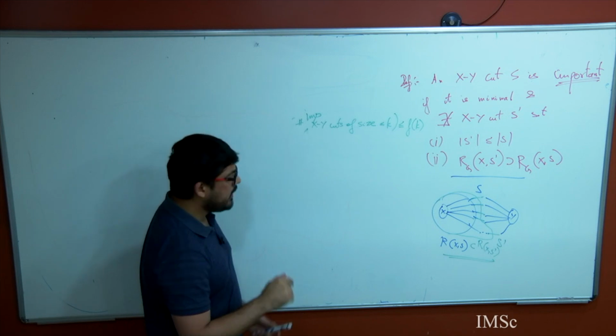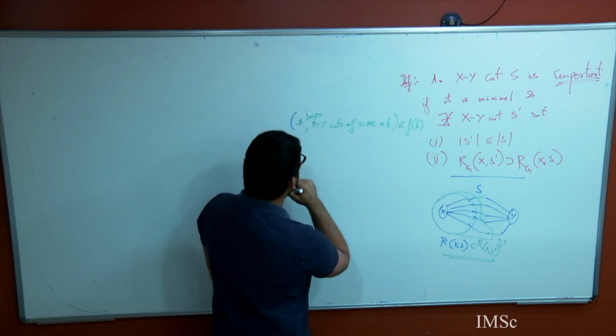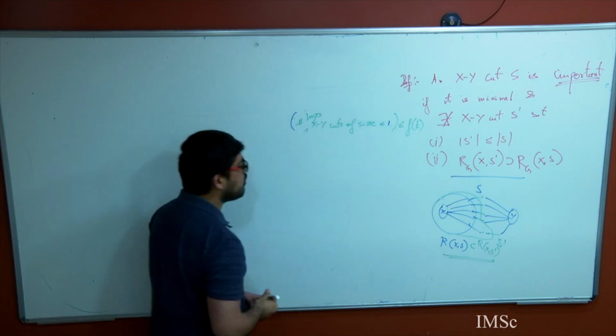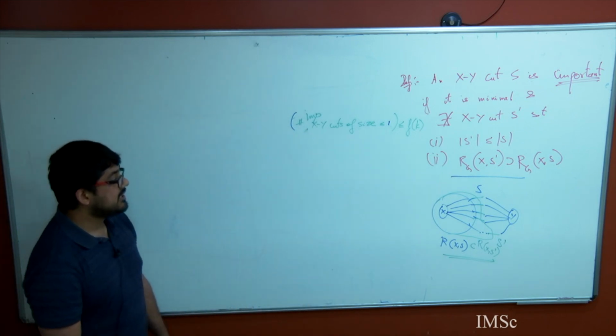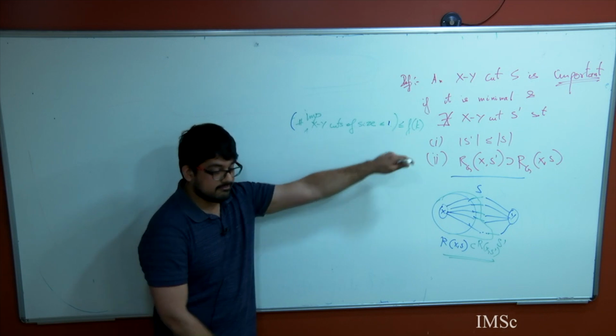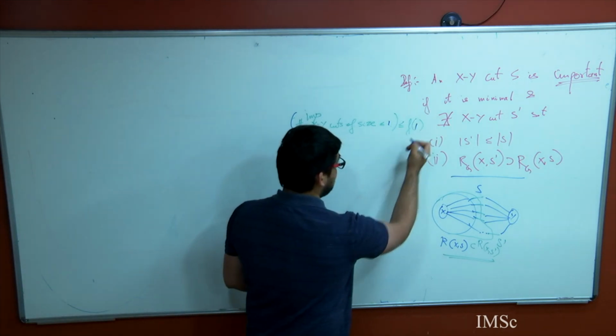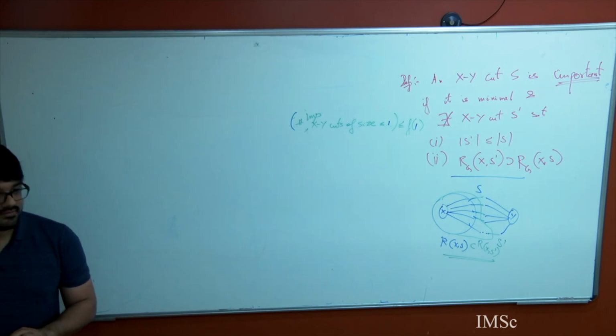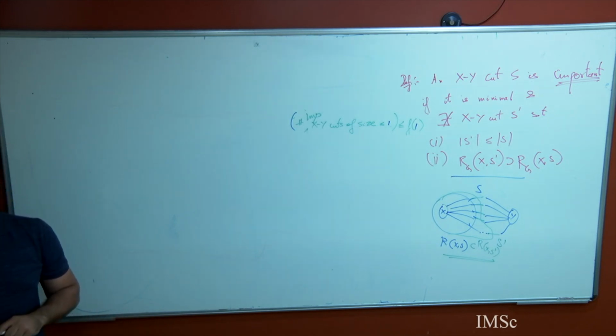A quick question, a puzzle pretty much. If I said k equals 1, this tells me that the number of important xy cuts of size at most 1 is some constant. Any guesses on what this constant is? Okay, we have 1. Any other answers?